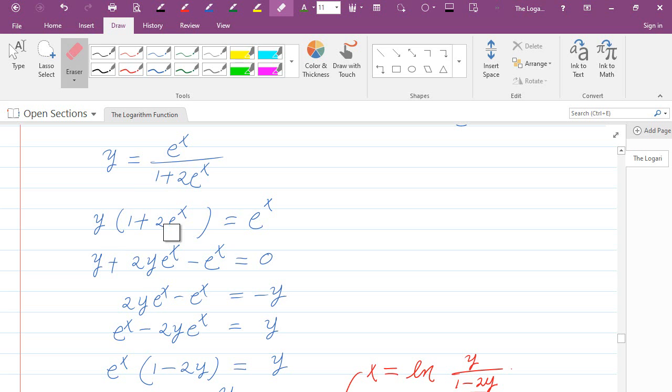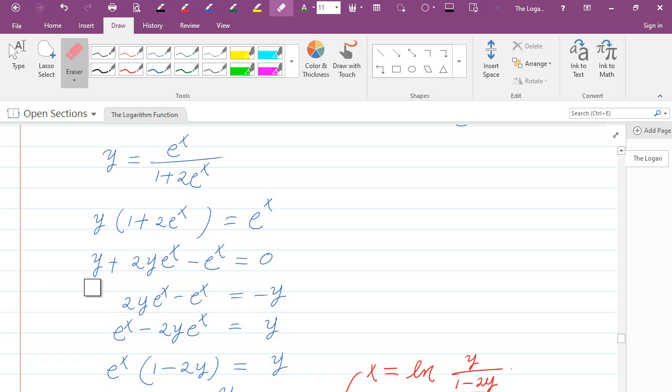Okay, so to solve for x, we are rewriting this equation. So y times 1 plus 2 e to the x would be equal to e to the x. Multiply out here, you get y plus 2y e to the x, and then e to the x, send it to the left, you get negative e to the x is equal to 0.